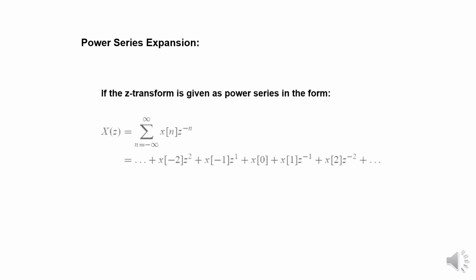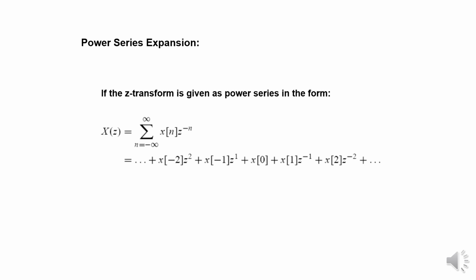So if you remember, the Z transform is in this form: X(z) is equal to the sum for n from minus infinity to plus infinity of x[n] z to the power minus n, right? And if we expand, I have shown you only a few terms here.